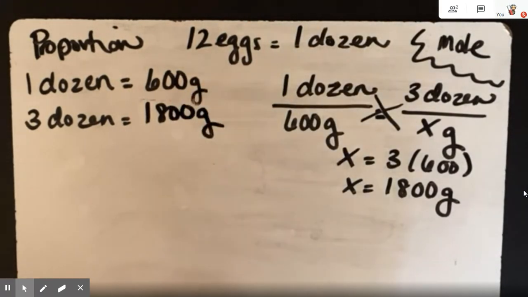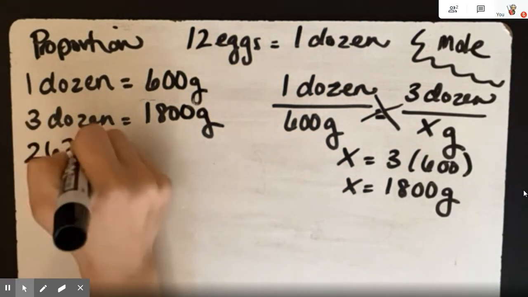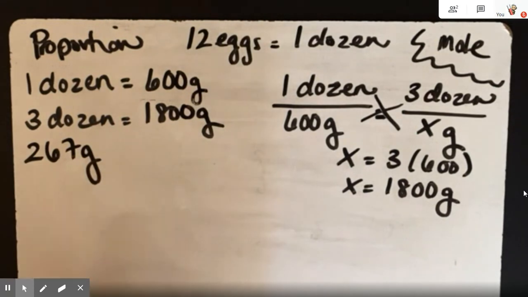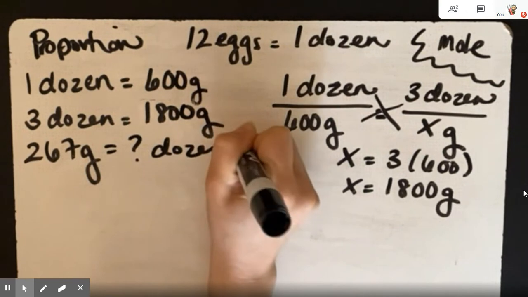It gets a little bit more challenging when we use numbers that aren't so easy to look at. The numbers 1,800 or 600 or 3, those are easy values. But in chemistry, we don't get a whole lot of easy values. So let's try a more difficult one. What if I told you that I had 267 grams of eggs? And I wanted to know how many dozens that was.